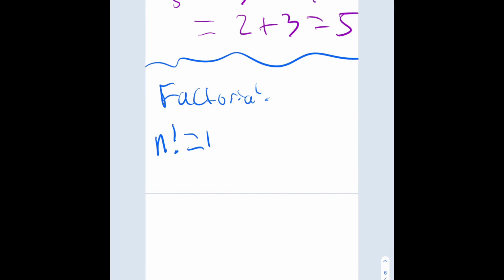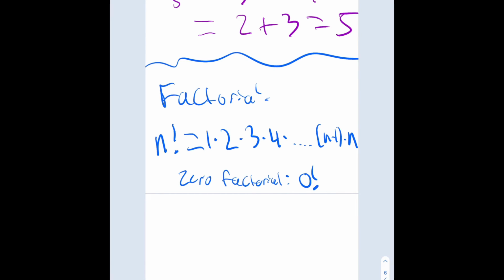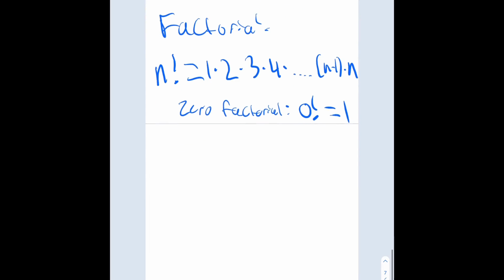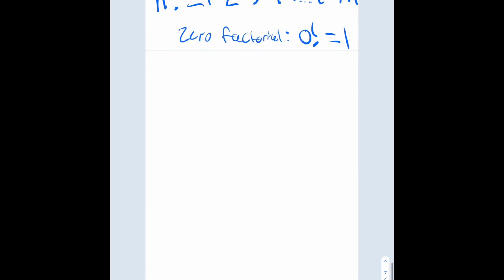This means I take all my previous terms and multiply them together: 1 times 2 and so on up to n minus 1, and then my last term is n. As a special case, 0 factorial, which looks like 0 with an exclamation point, equals 1. That's the one rule that we need.